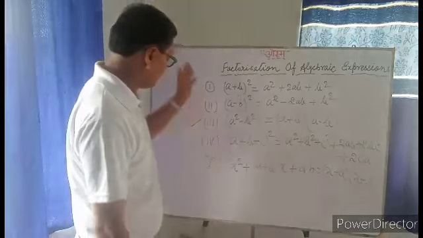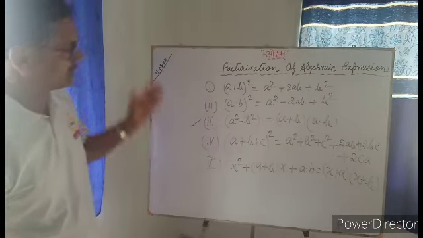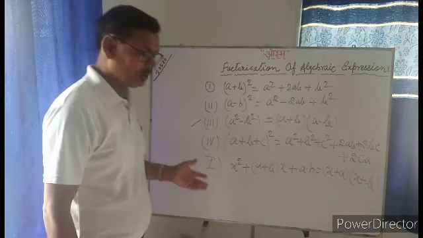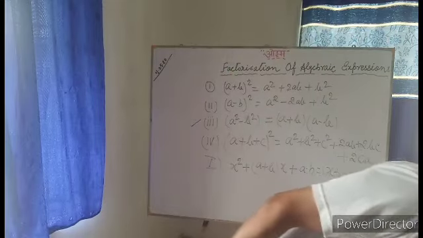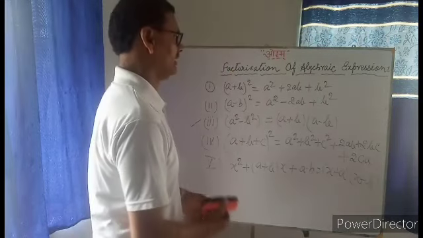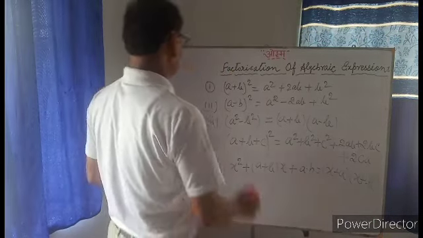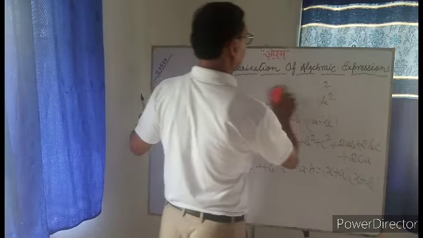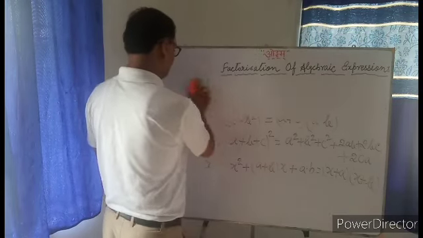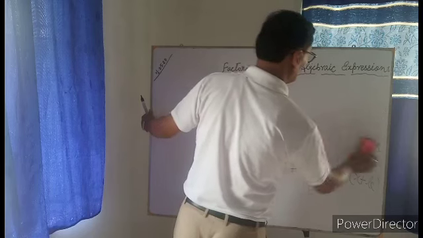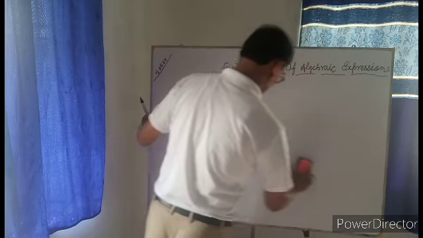So these are five identities you must always recall, because they will be used in making the factorization problems. After recapitulation of these identities, we would like to learn certain terms.